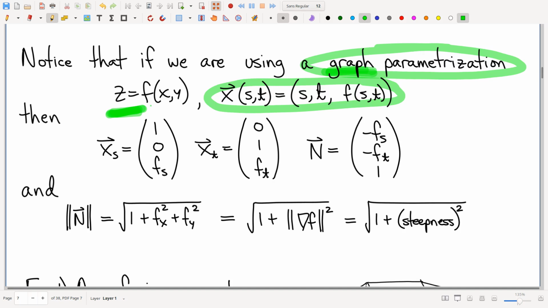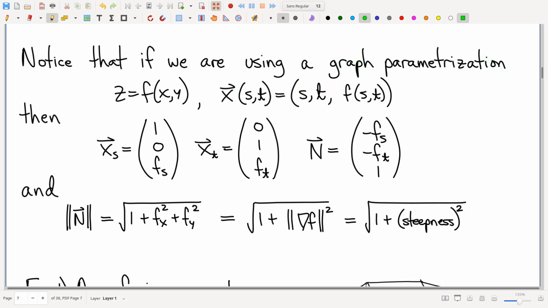If you're using that parameterization, notice a lot of the calculation you can just go ahead and carry through. And so in particular, I can take my partials. Just write it down. So we don't have to do that every time, as long as we're using the graph parameterization. You can take this cross product.